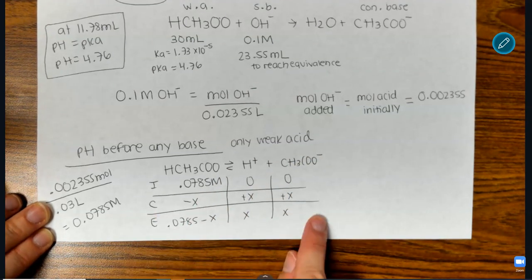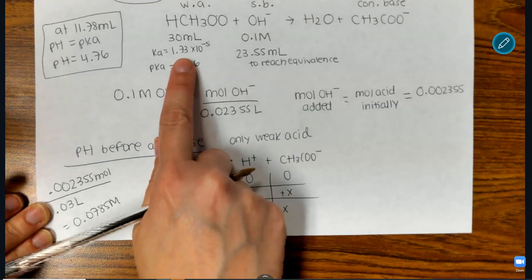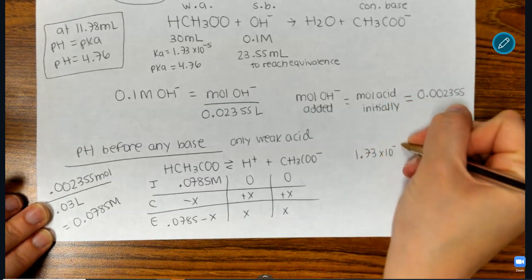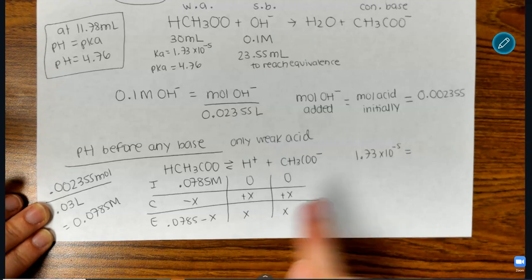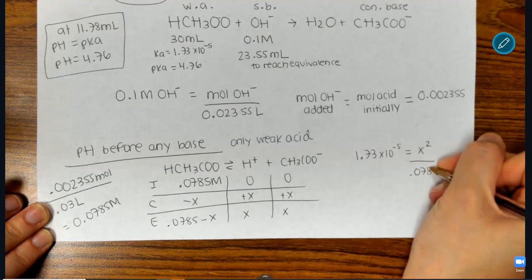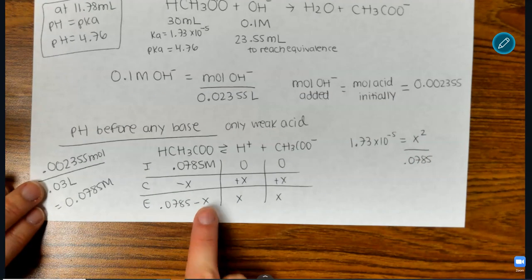The E row always gets set equal to a K. This is an acid, so I set it equal to the Ka. So 1.73 times 10 to the negative 5 equals X squared over 0.0785. You're allowed to use the 5% rule for this, so get rid of that X.